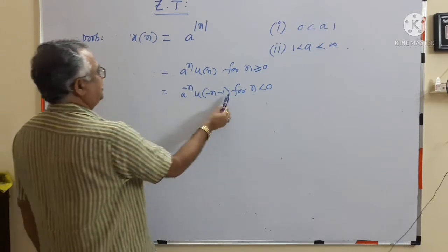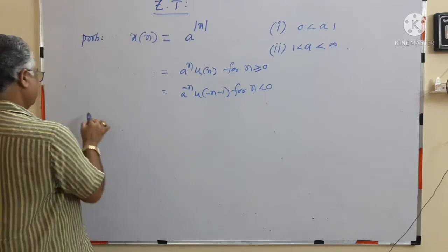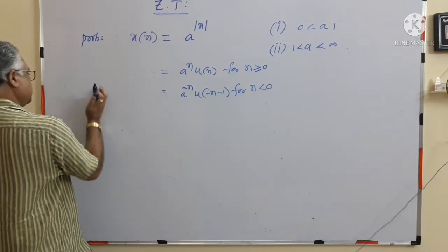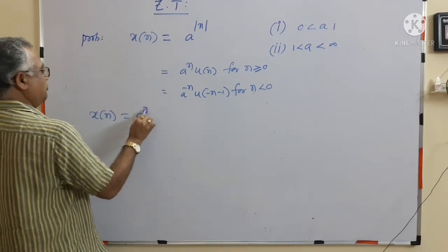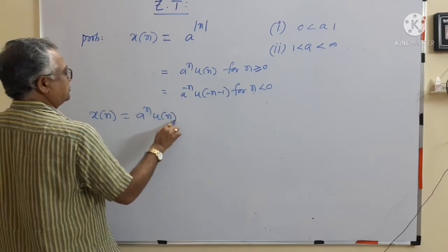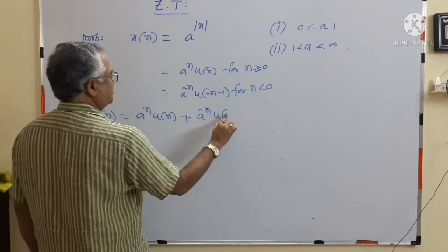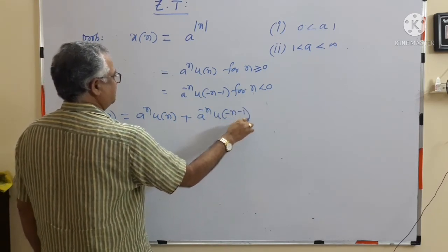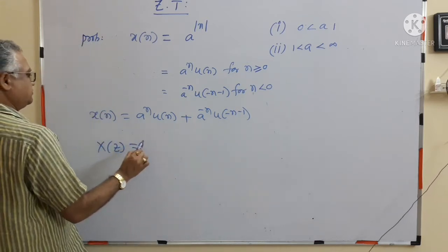So this is left side a power minus n, right side a power n. That means I can write x of n as a power n u of n plus a power minus n u of minus n minus 1. So what is x of z?